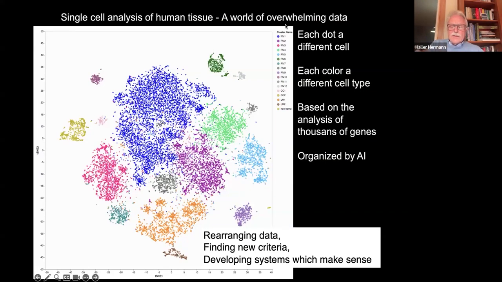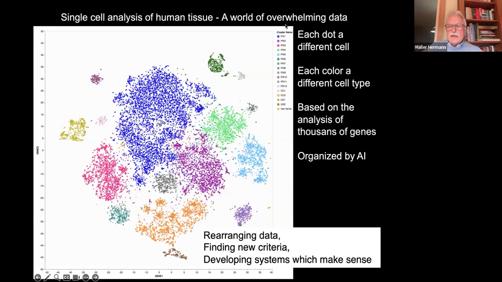So we sit there and we rearrange data. Oh, this plot here, this dark green, doesn't it, if we move it a little bit, what we see here is different cells based on the expression of thousands of different genes in these cells.